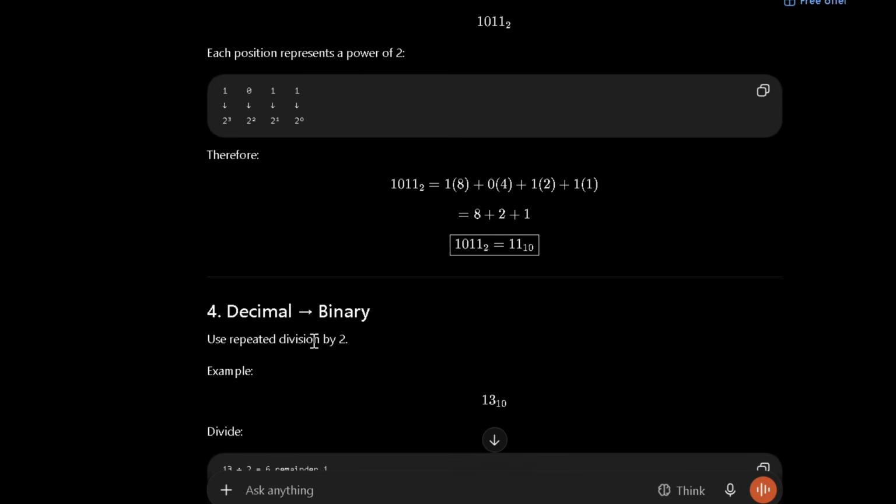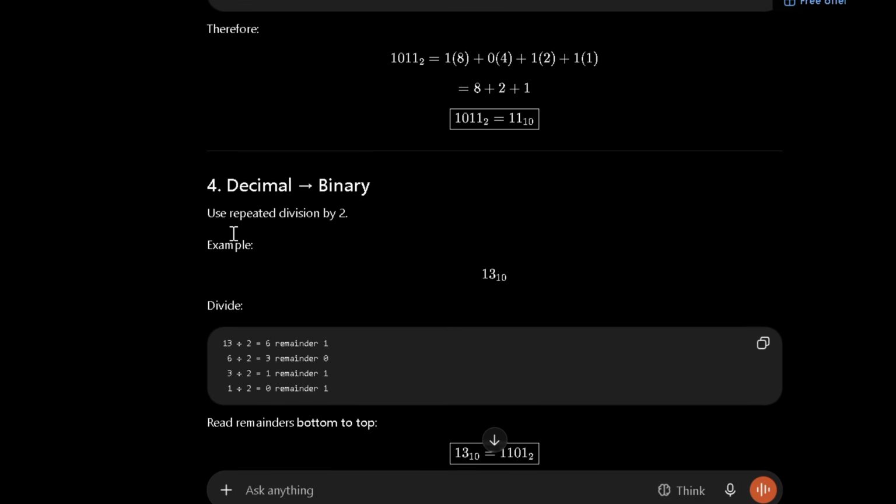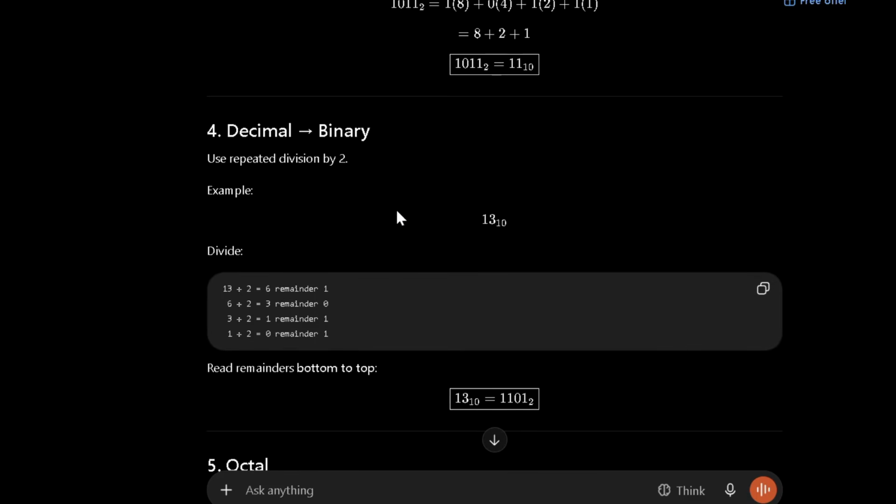Then we divide until we can't divide anymore. So we got the remainders 1011, and reading the remainders from bottom to top, 1101 is the binary of 13.